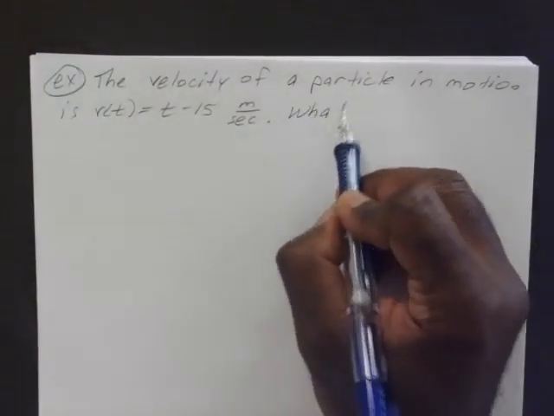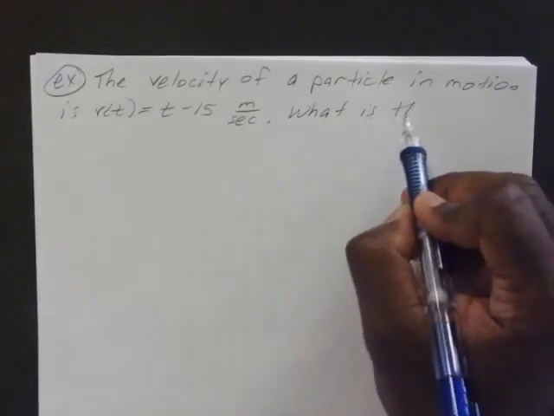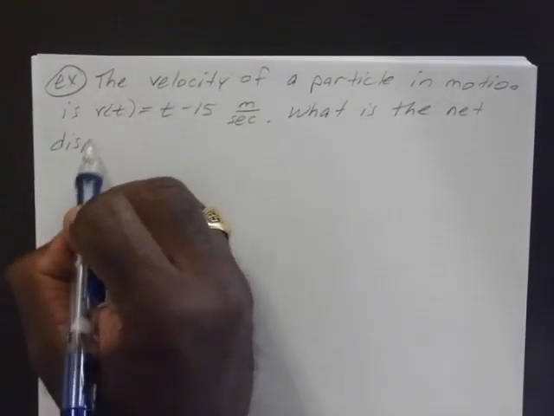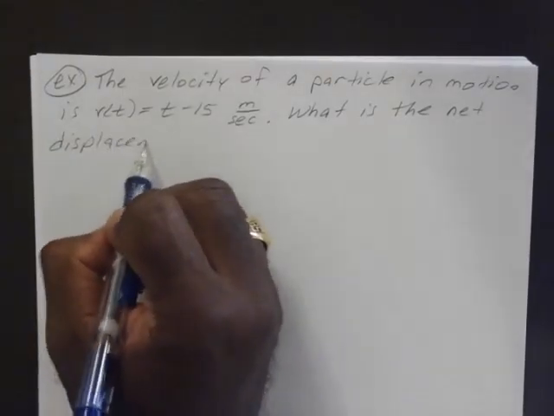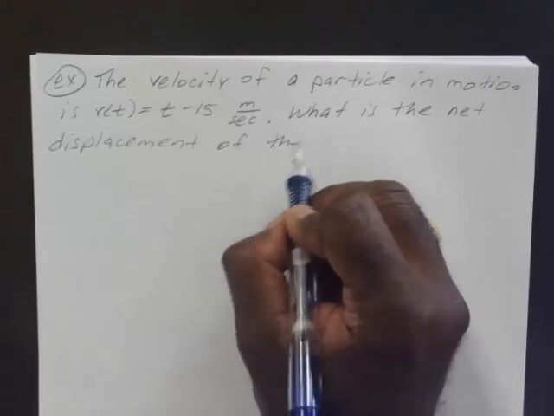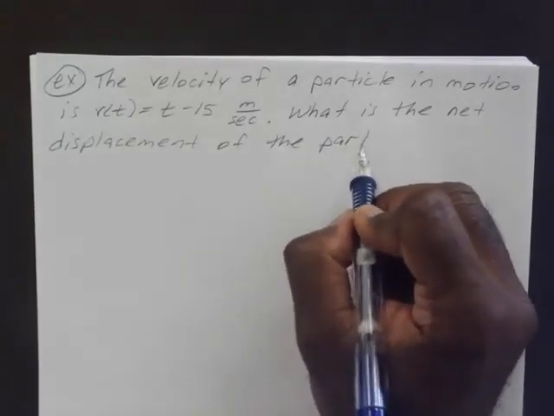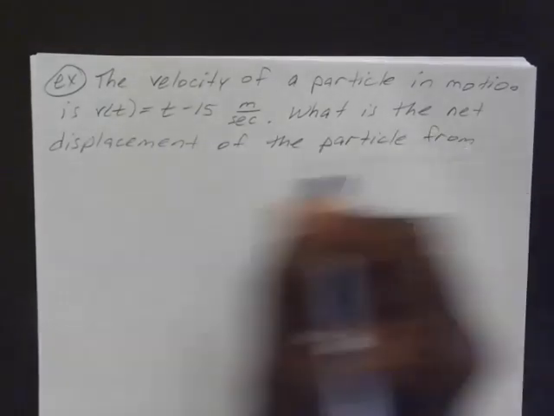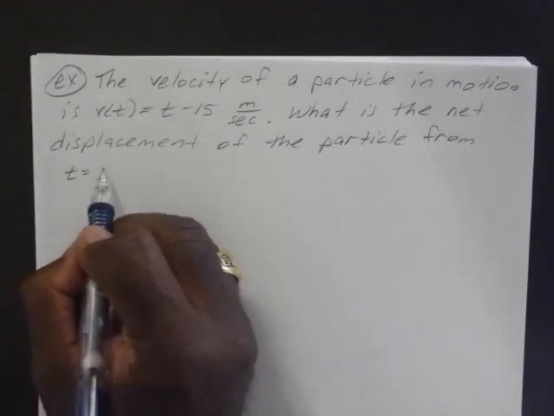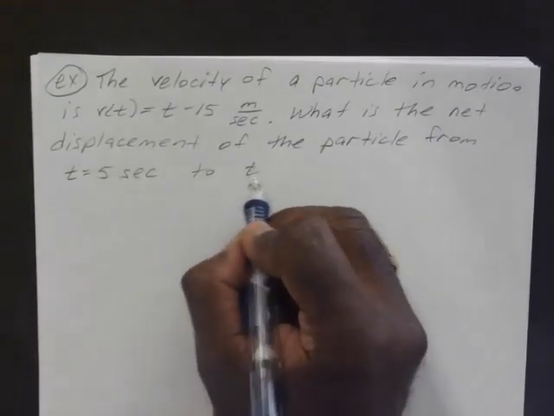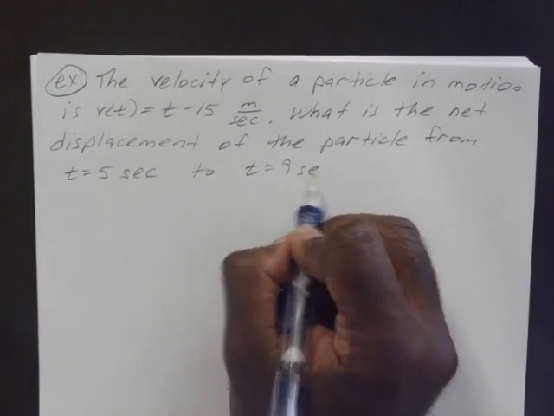We want to know the net displacement of the particle from t equals 5 seconds to t equals 9 seconds.